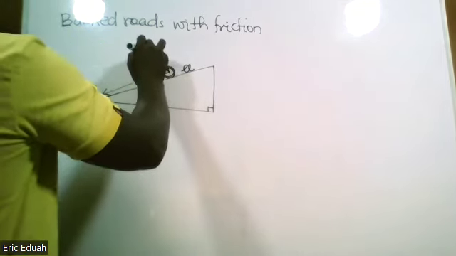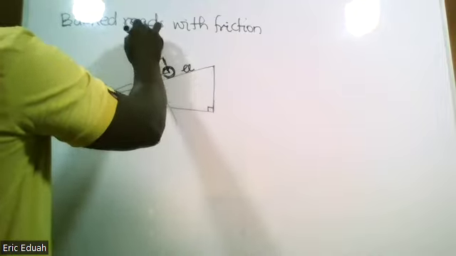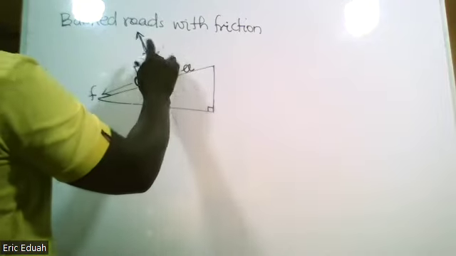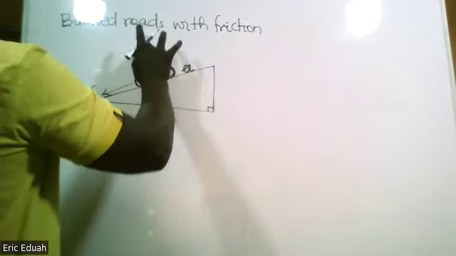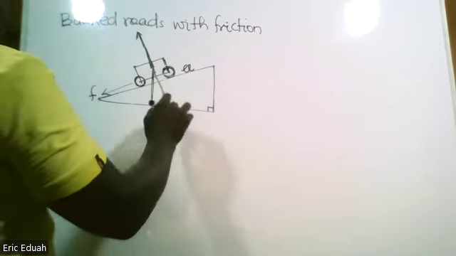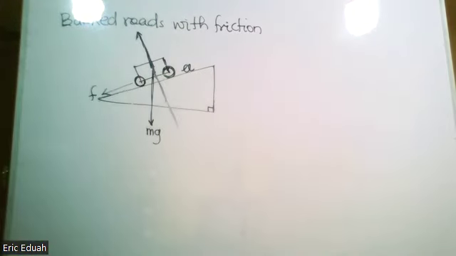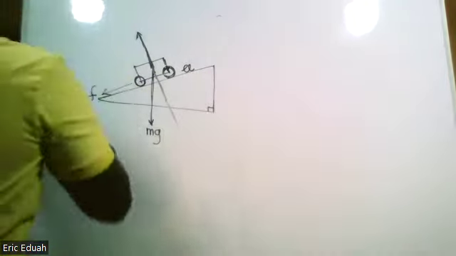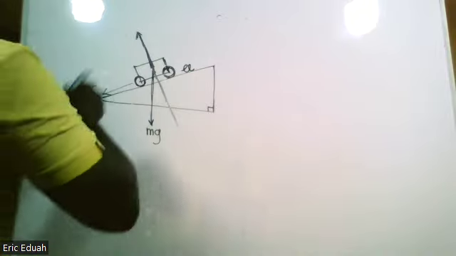The normal reaction, which is always perpendicular to the surface of the road, is here. Almost the same as what we just described. So N is here.